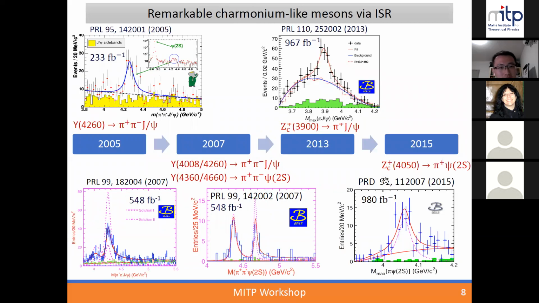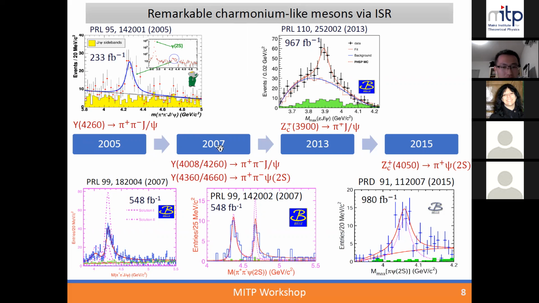Okay, slide number 8. I will introduce some remarkable charmonium-like states observed via the ISR processes. The first one is the Y(4260). It was observed by BaBar in the pi pi J/psi final state.